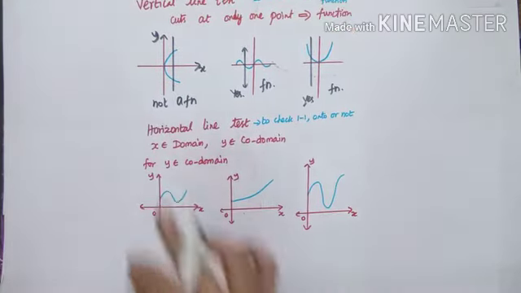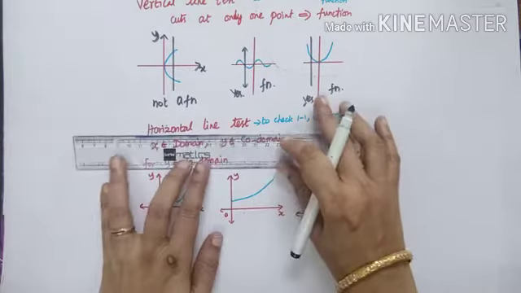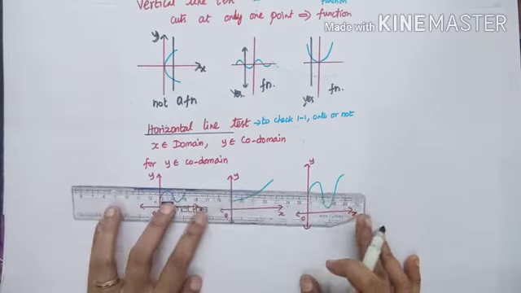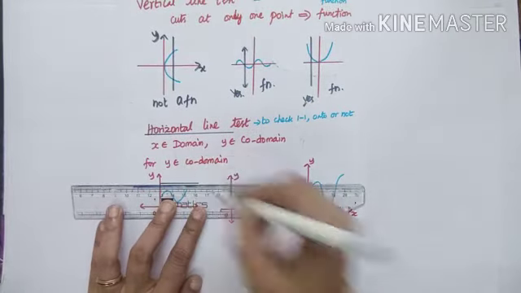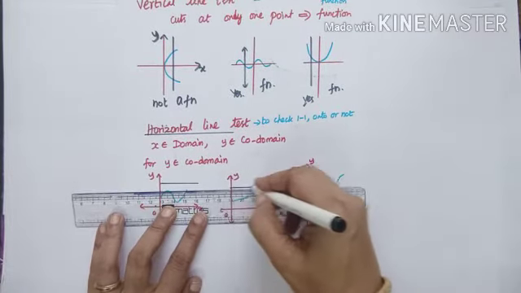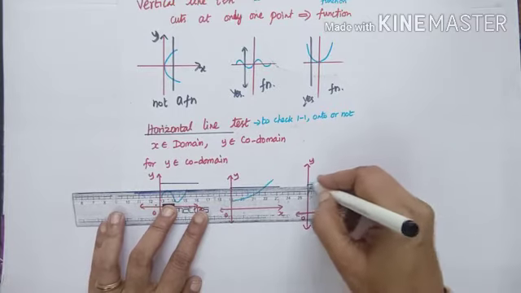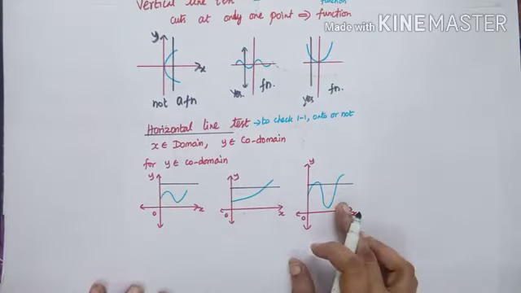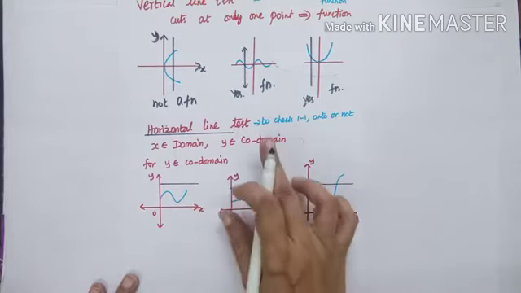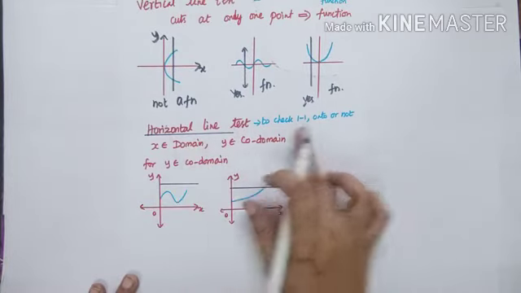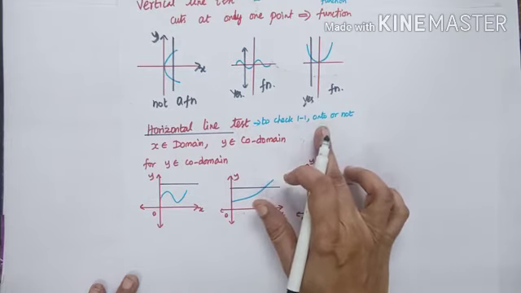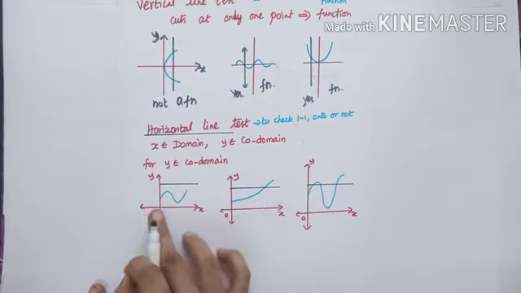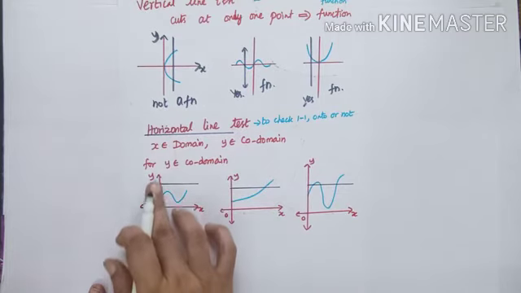Coming up to the horizontal line test. This is called a horizontal line. When I draw a horizontal line, see here also I am drawing one, here also I am drawing one. This horizontal line test helps me to check whether the given function is 1-1 or onto or not. Now x is the domain I call and y is in the codomain.